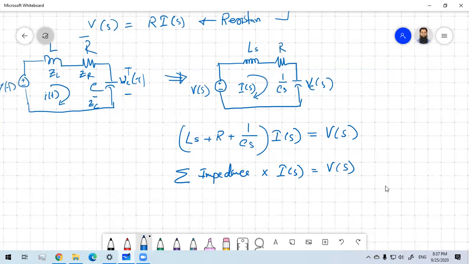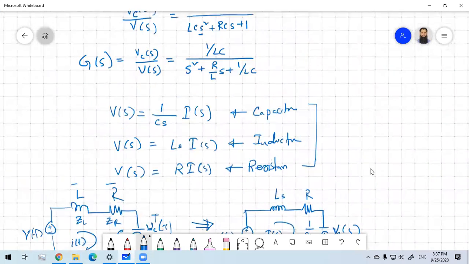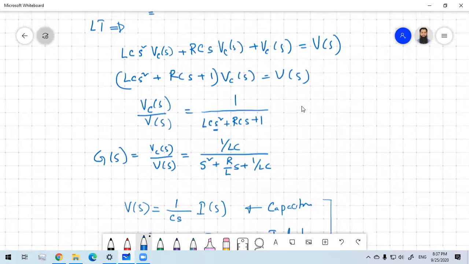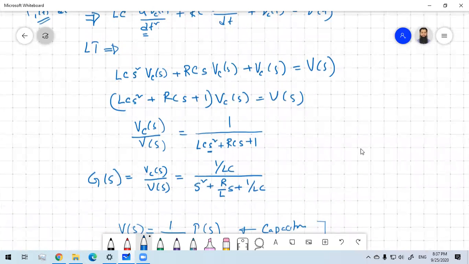Okay, so there are two ways. You can always go for the differential equation, then convert the differential equation using the Laplace transformation and find out the corresponding transfer function.